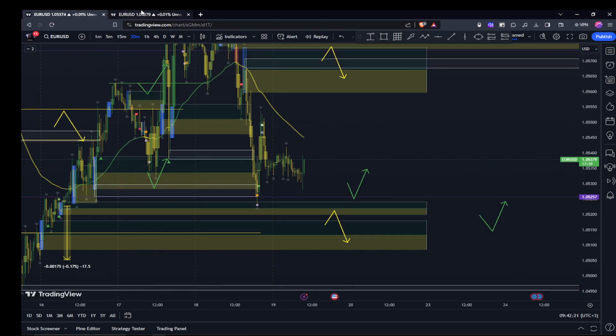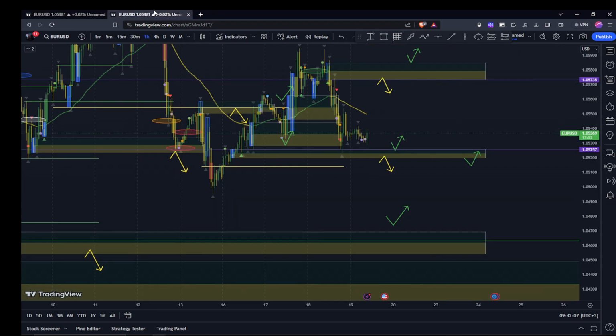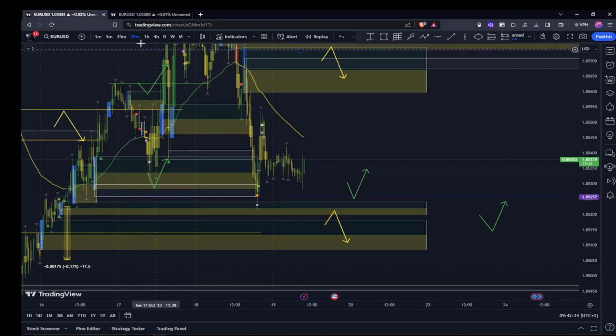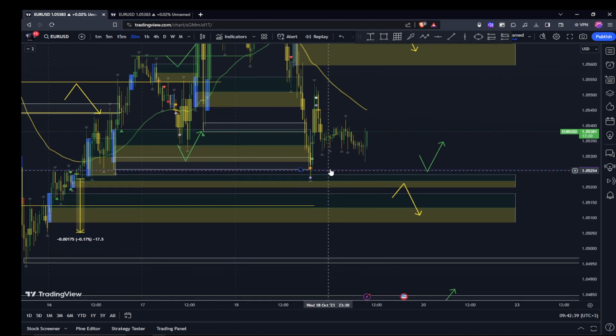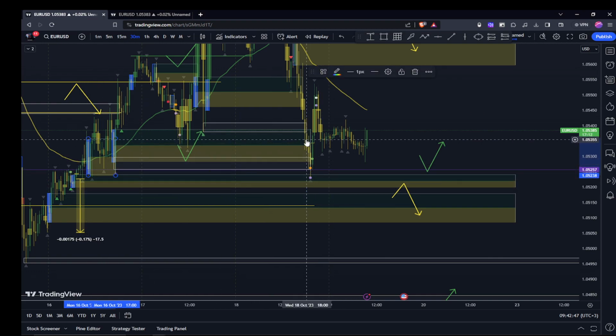So after I've done my analysis on the 1 hour, 4 hour, daily, and I get the bias as bullish, I go towards the 30 minutes and I see what the 30 minutes is telling me. We are in this bullish order block. This one was broken, but I don't want to remove it yet, since we are still in this area.